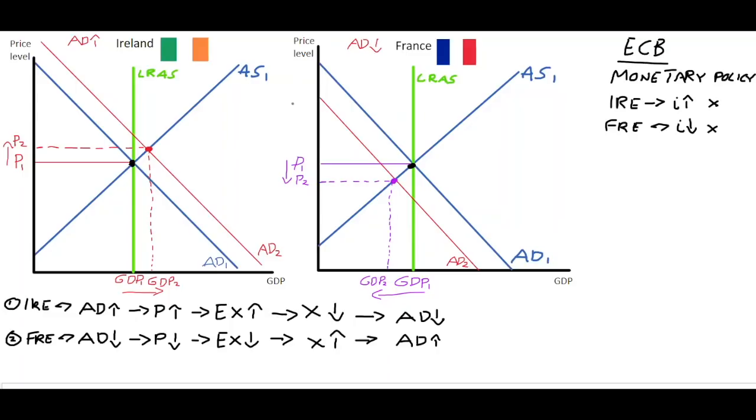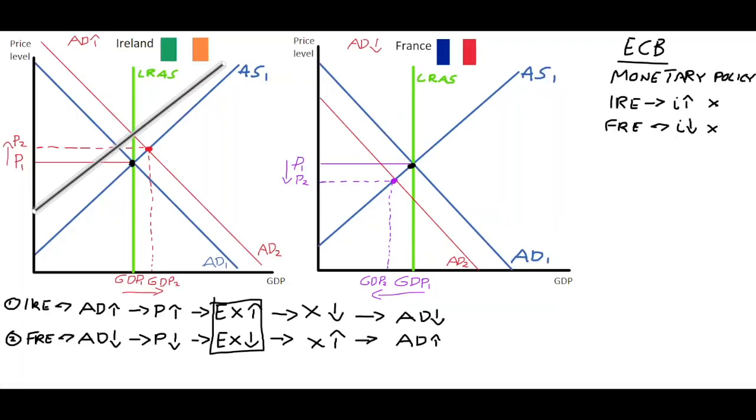In a common currency area, monetary policy doesn't work if you have asymmetric shocks, and the automatic adjustment that we have indicated here of exchange rates also does not work, because there is only one currency for both of these countries, that is the euro. So in this case, the only automatic adjustment mechanism left between these two economies is wages. And in the Irish case, when we see prices go up, the wage rate should also increase, and an increasing wage rate would cause aggregate supply to shift back to the left.